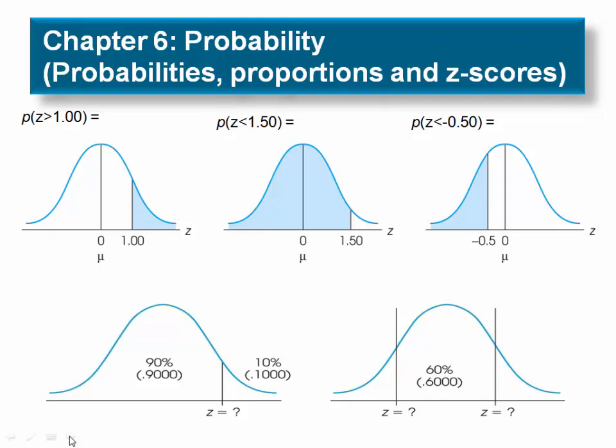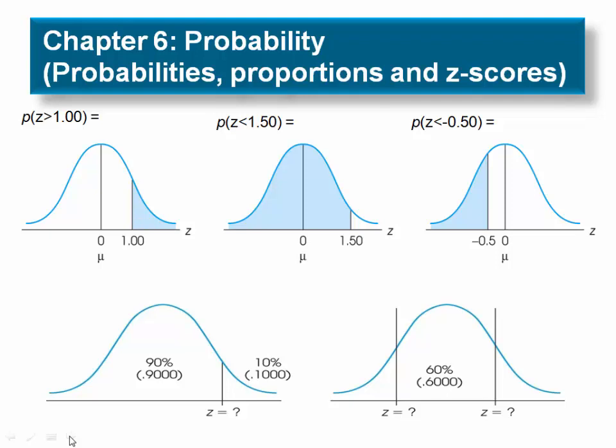For the top middle graph, we want to answer the question, what is the probability of selecting a z-score value less than 1.50? Here, the shaded area constitutes more than 50% of the area under the bell curve, so we would go to z equals 1.50 and look in the body column to find the correct value of 0.9332.